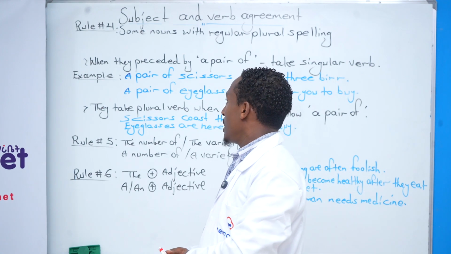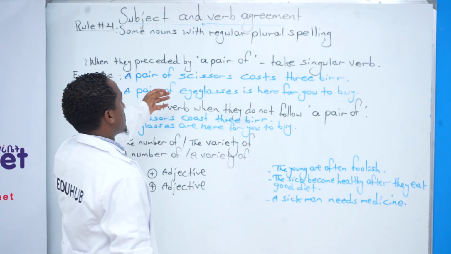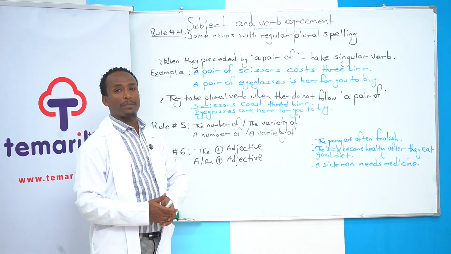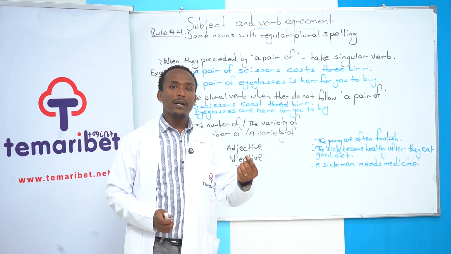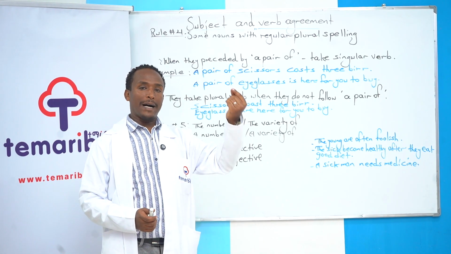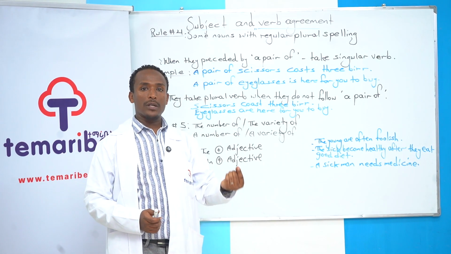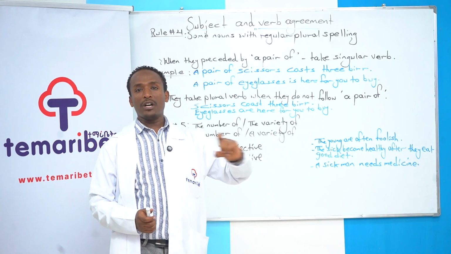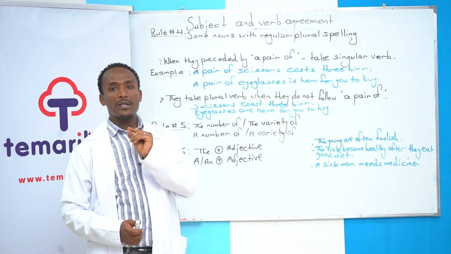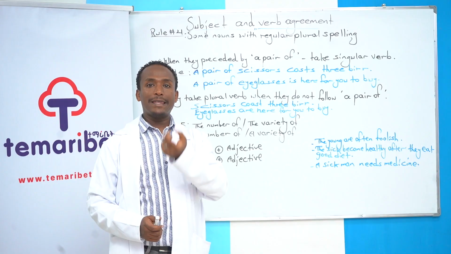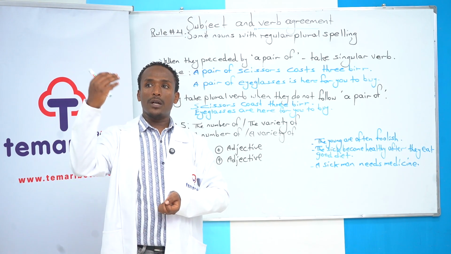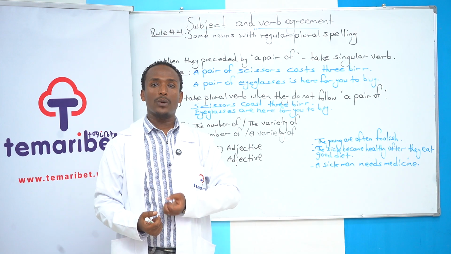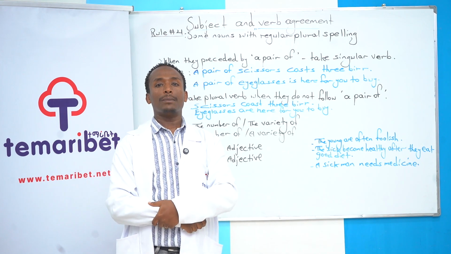Great. On rule number 4, some nouns with plural spelling like scissors, binoculars, eyeglasses, trousers, pants, pajamas. These nouns have s at the end, so how can we identify whether we are using the noun as a singular or as a plural subject?